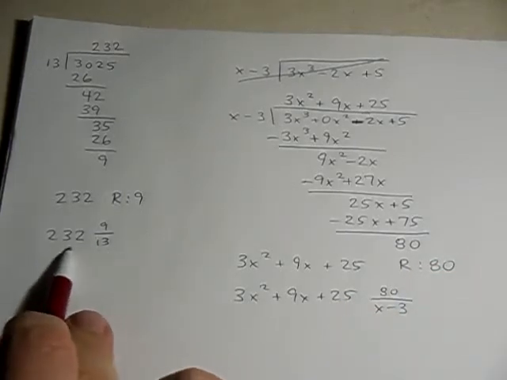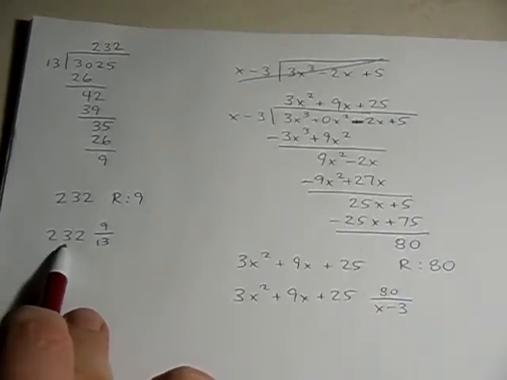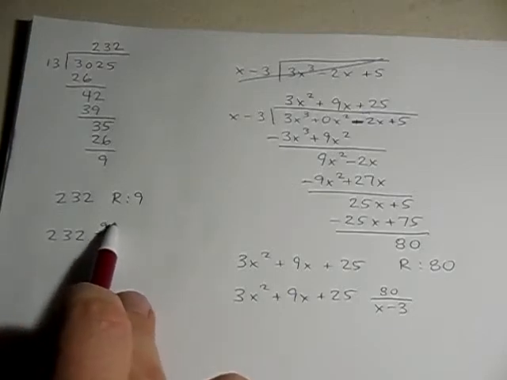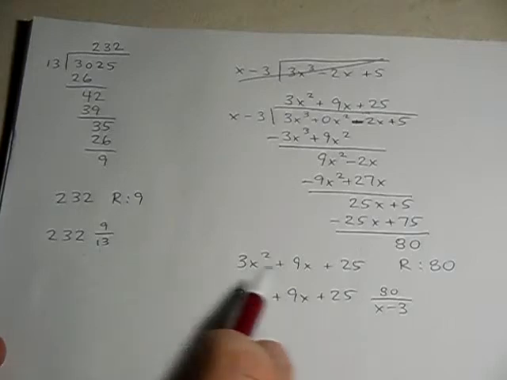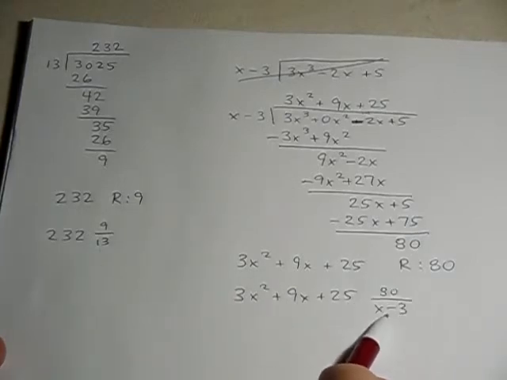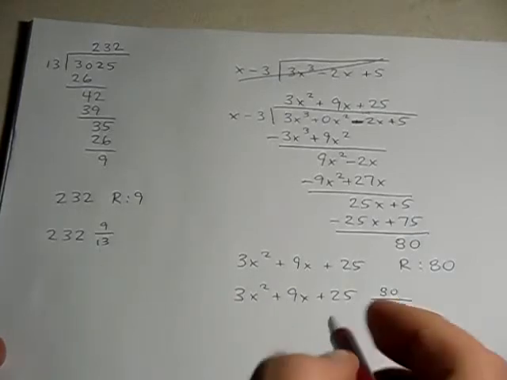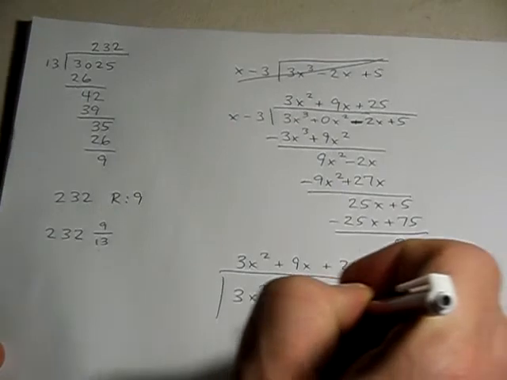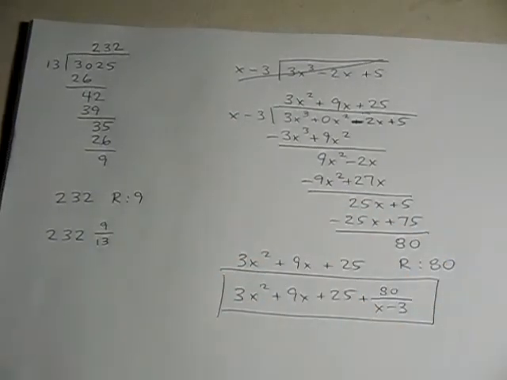And if you think about mixed numbers, it's really saying 232 and, or in other words, plus 9/13. So every time we have one of these remainder fractions tacked on, we have to make sure that we are adding that fraction. All right, so this is your final answer to the polynomial division problem, and hopefully that makes sense as to how we got that answer.